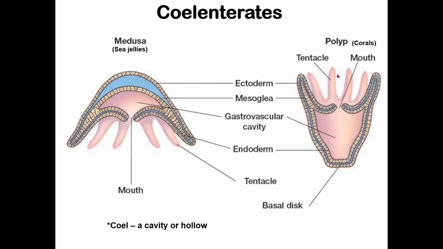They catch things that swim past or float past, digest them. It's all open here. Everything's open. It's a cavity, and that's where the name comes from, the coelenterates. And they pump the digestive enzymes into there, and once it's basically done, they'll release it.